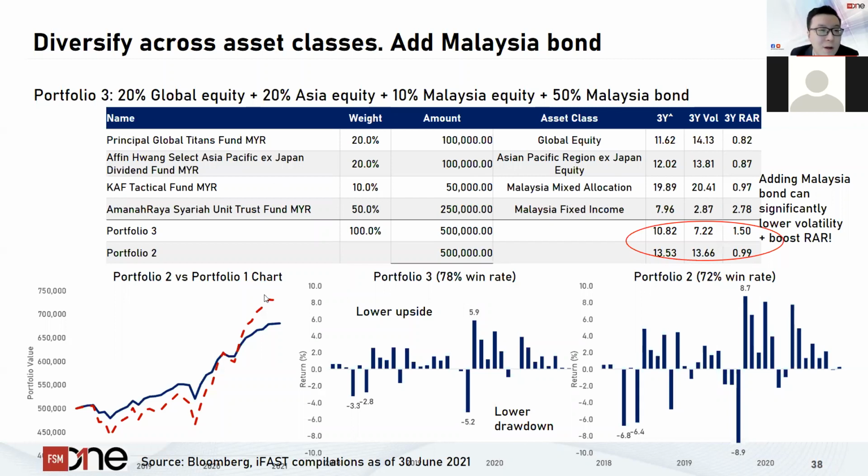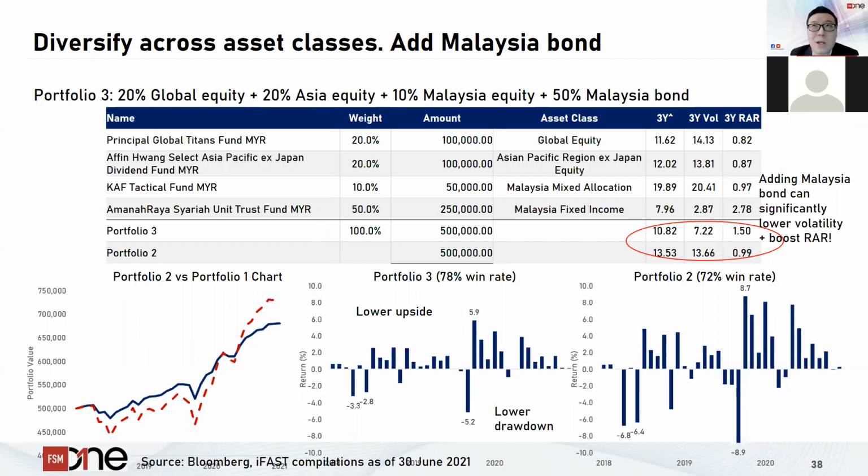What is the optimal RAR in a portfolio? Okay, I would say it depends on your target return. Actually, I think if you can achieve RAR like 1 is already very good. Because if you look at the individual funds, right, they're like 0.8, 0.8. So if you can achieve something 1 and above is very good already.